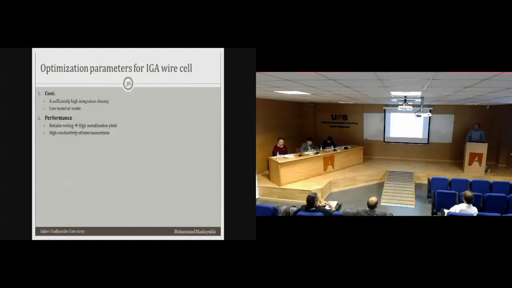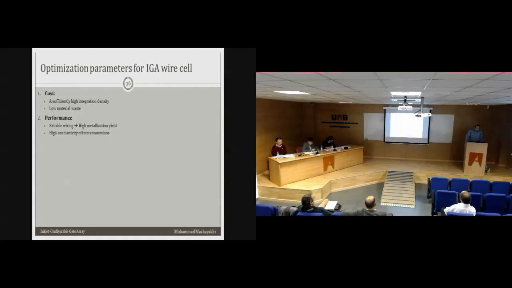However, in order to have this wire cell optimized, we have taken some optimization parameters, cost functions, into account. First of all, we have the cost. The wire cell inside the IGA needs to have sufficiently high integration density, because actually the density of the gate array is taken into account by number of transistors per area.